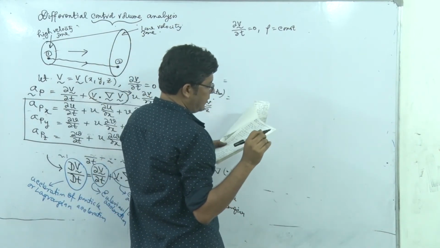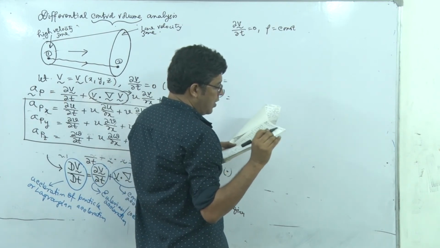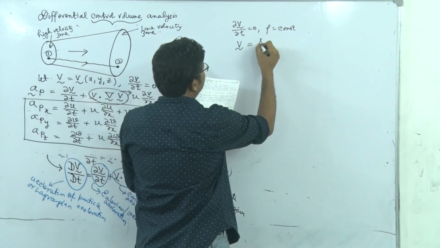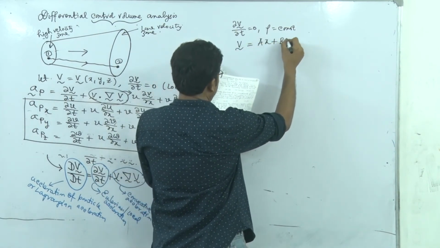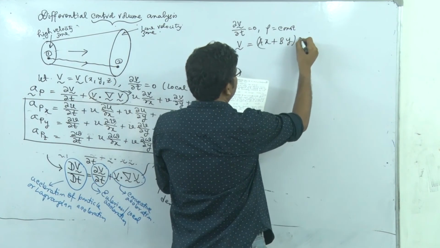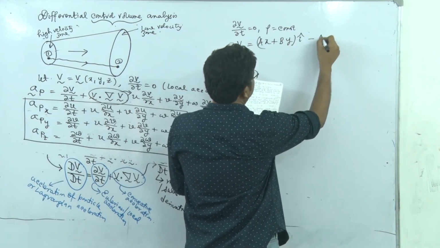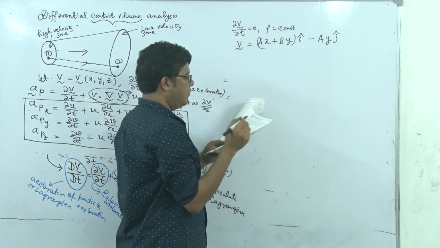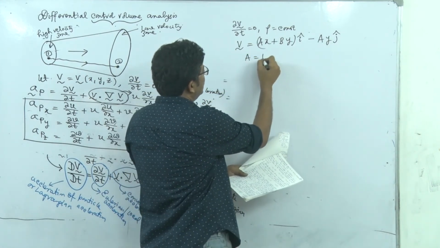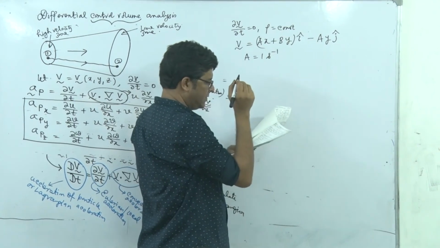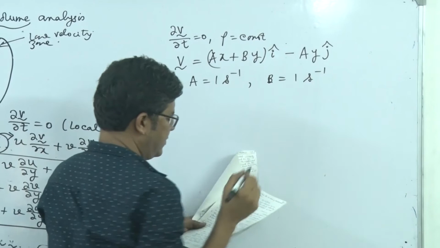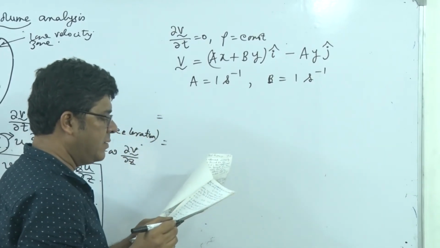The steady state flow field, a 2 marks problem, of an incompressible fluid is given by V is equal to (Ax plus By) i cap minus Ay j cap, right? Where A is equal to 1 second inverse and B is equal to 1 second inverse. X, Y are in meters.